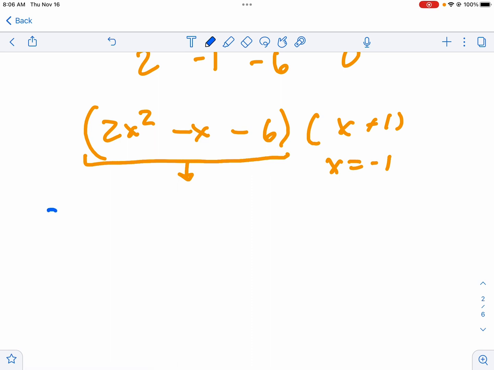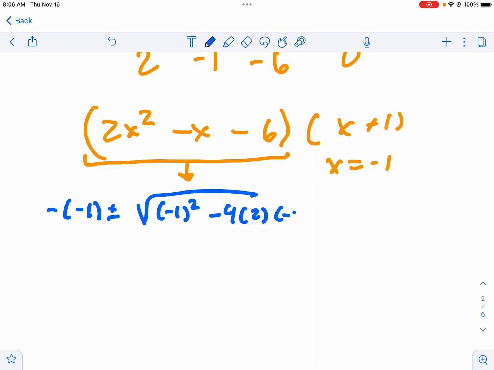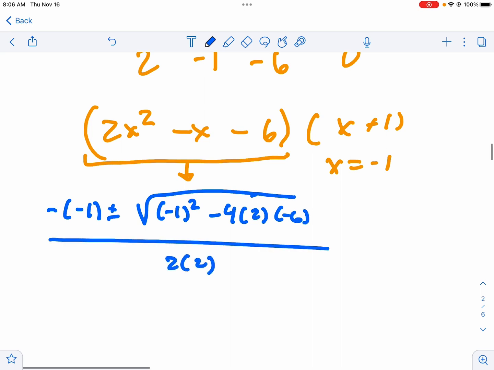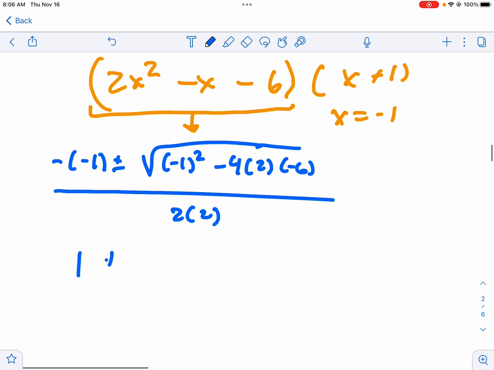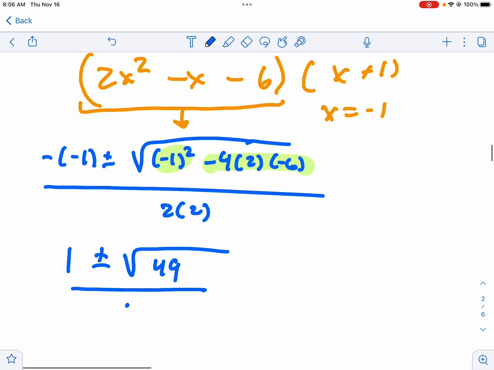It goes negative negative 1 plus minus the square root of negative 1 squared minus 4 times 2 times negative 6, all over 2 times 2. So I have 1 plus minus the square root of positive 1 plus 48. So this is 49 over 4.